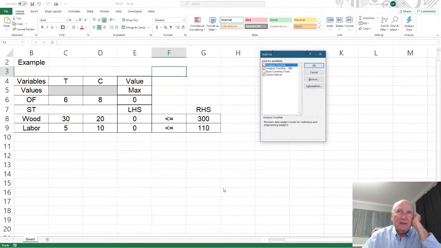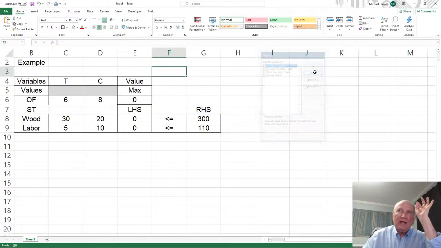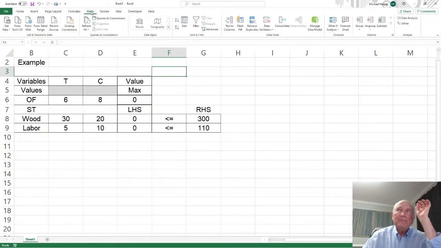Say Go, and it's going to come up with Analysis ToolPak, Solver add-in. The Solver add-in, that's what we want, and then click OK. I already did it, so if you click OK, what will happen is under Data, over here at the right, you'll have Analyze, and under the Analyze, you'll have a Solver.